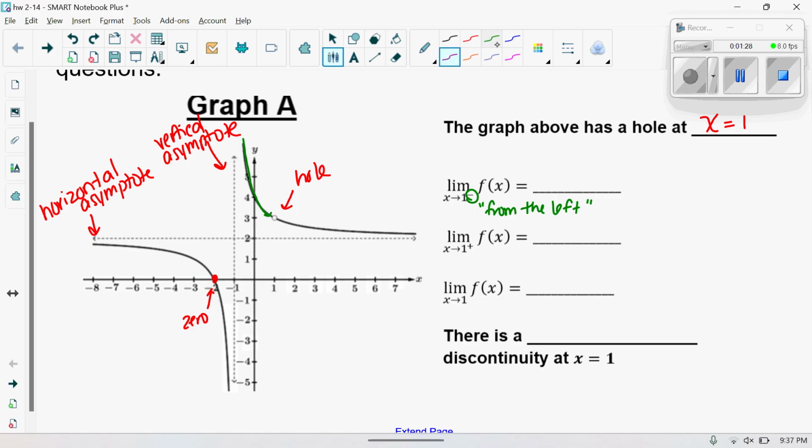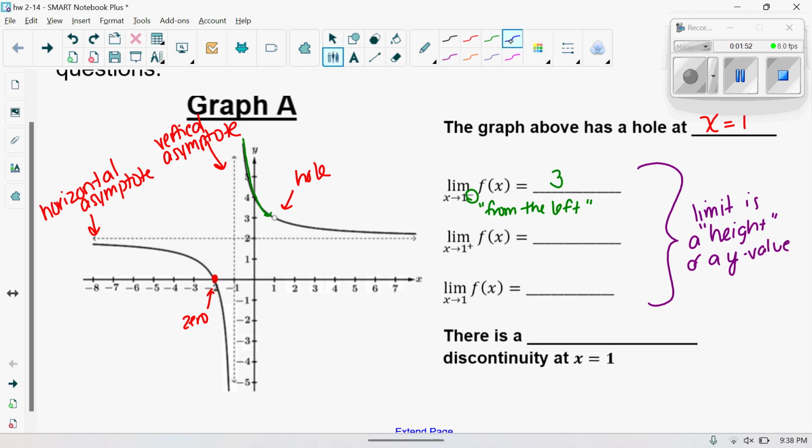So the hole at 1, 3, the limit as x approaches 1 from the left is 3. So just a limit is a height or a y value.